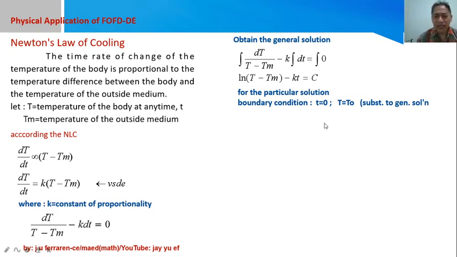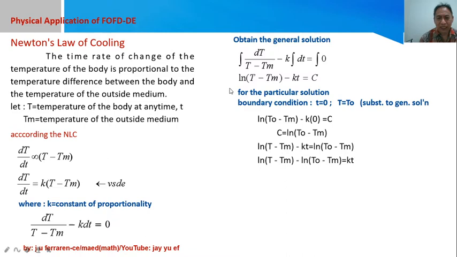I can take the initial condition where t equals 0, so the time is 0, and the temperature of the body is equal to the initial body temperature, termed T sub 0. Substituting into ln of T minus T sub m, minus kt, equal to the arbitrary constant C, we have ln of T sub 0 minus T sub m, minus k times 0, equal to C. So C is equal to ln of the difference of the initial body temperature minus the temperature of the surrounding.